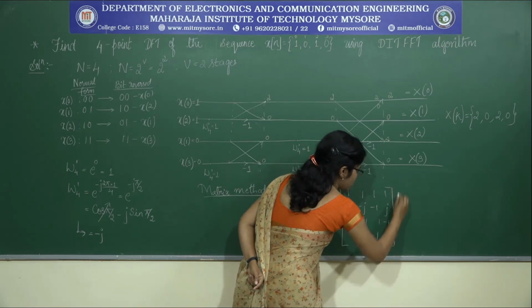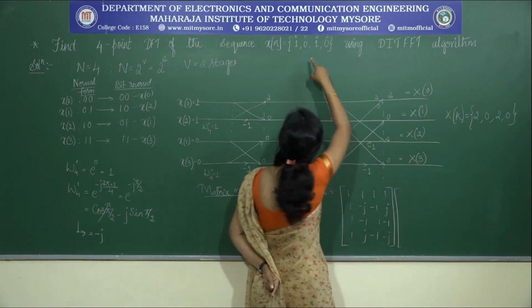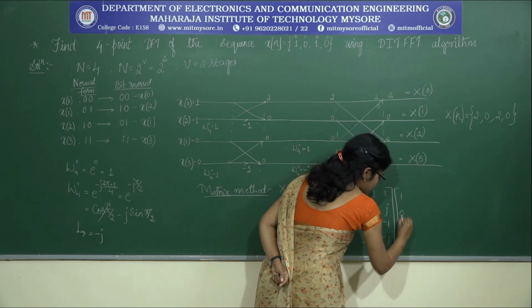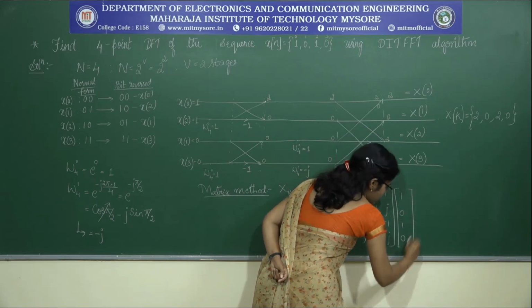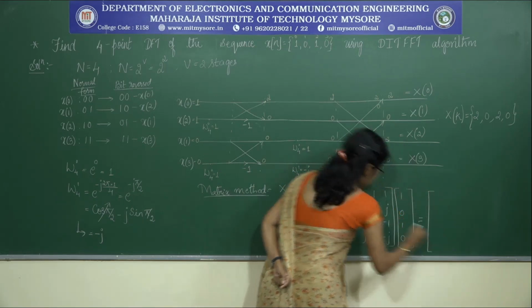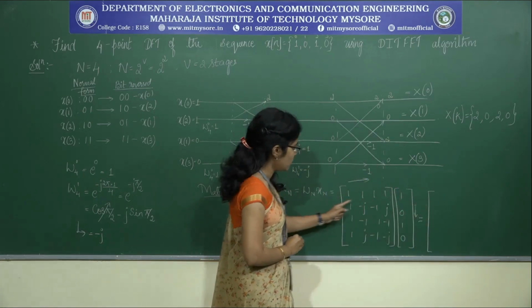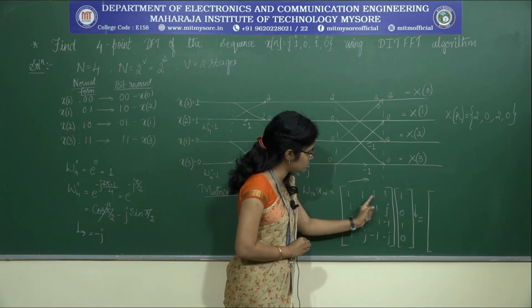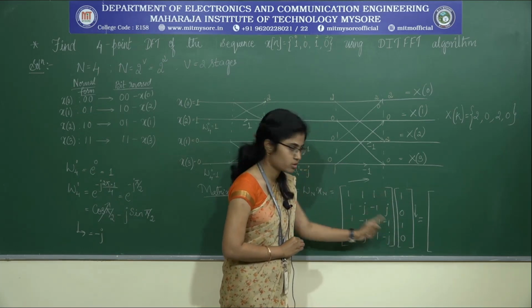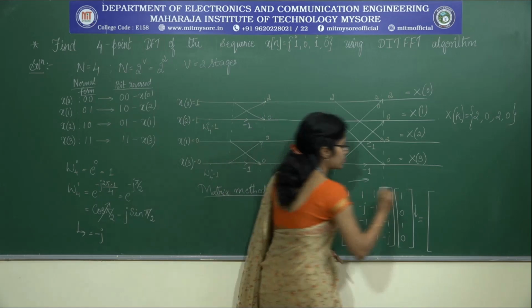Okay. So what is x of n? The given sequence is this one, that is 1 0 1 0. So this will be equal to, it is nothing but multiplication of rows with respect to column. 1 into 1 is 1, 1 into 0 is 0, 1 into 1 is 1, 1 into 0 is 0. So you get it as 1 plus 1, 1 plus 1 is 2.